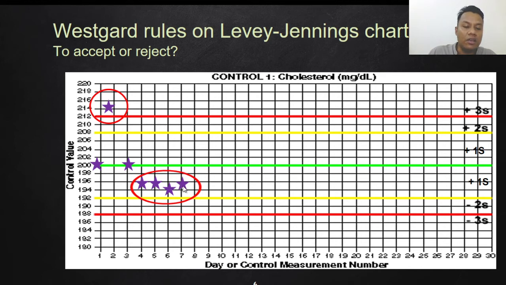That means the analyzer cannot be used for that day until the problem is solved, because this shows that the analyzer or the procedure is having a systematic error. Maybe one of the equipment parts needs to be replaced. Until we solve the problem, we cannot use the analyzer.